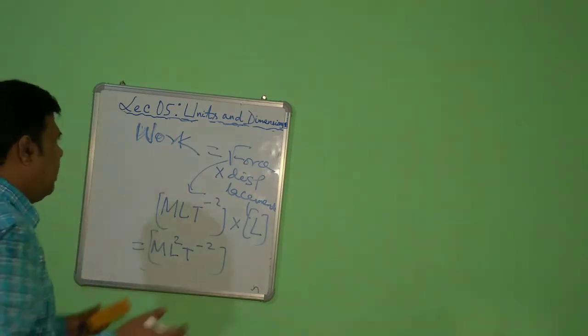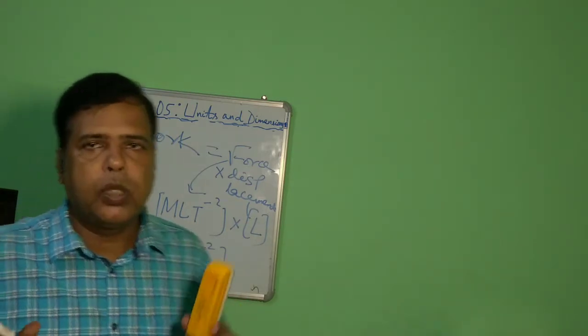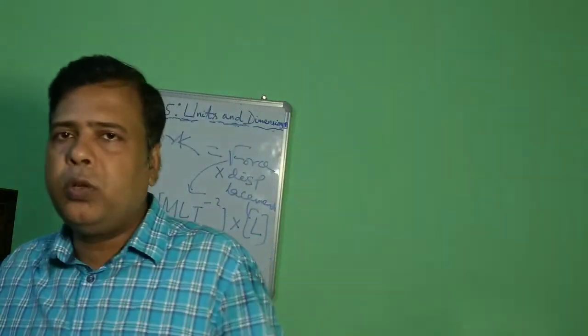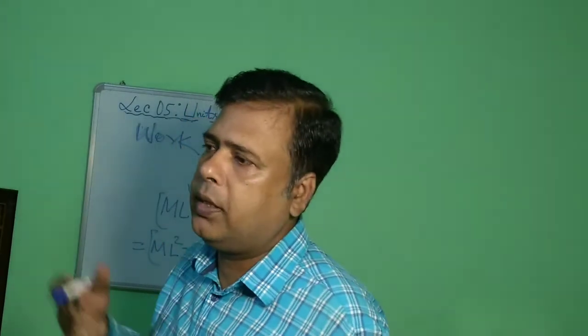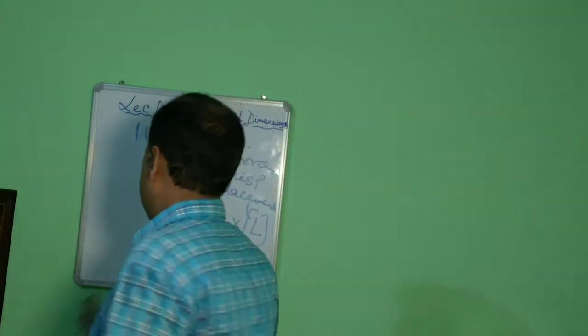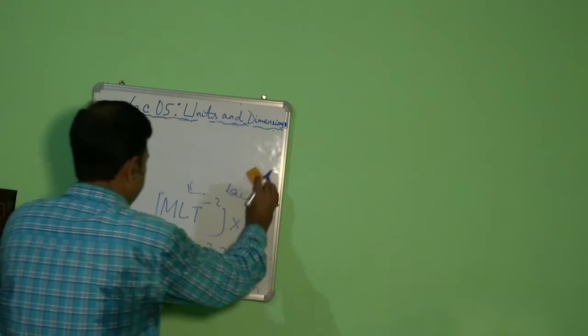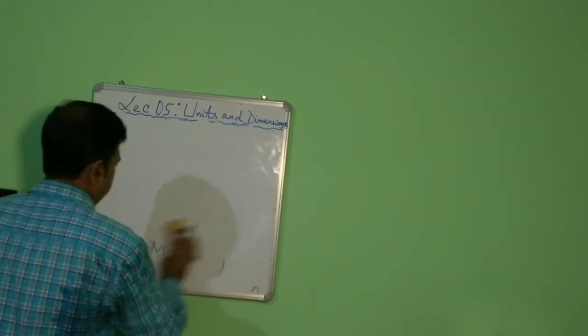So guys, please try to remember at least the formulae of some physical quantities. Of course, you are going to study about these physical quantities in the next chapters, but at this time you must remember certain formulae so that it will be easier for you to find out the dimensions. So work is force into displacement, and its dimensions are like this.